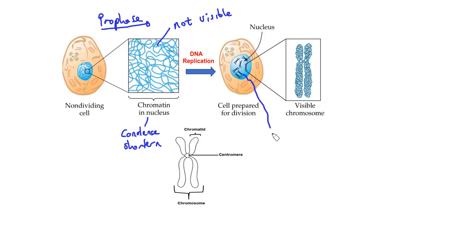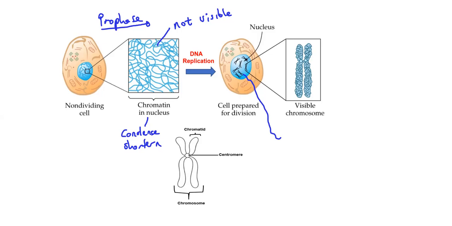So what you see here are the visible chromosomes. In them, we have the chromatids, and the centromere that holds our two chromatids together.